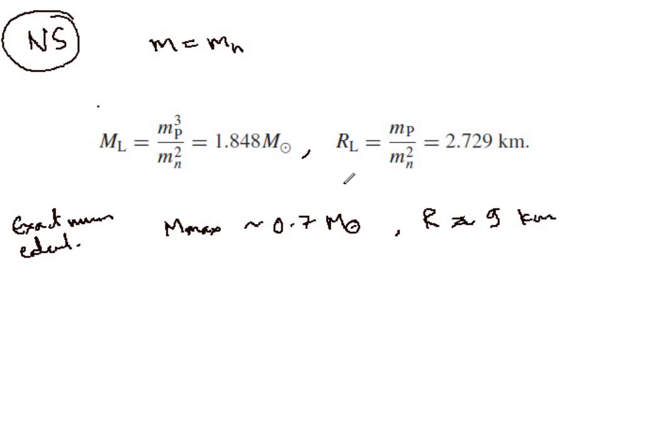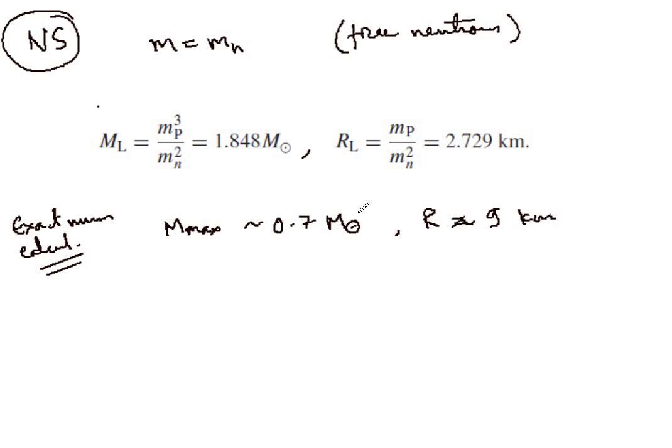Now you see that the values obtained are not too far from the numerically exact ones, again for stars consisting of free neutrons. That means we are considering neutron stars consisting of free neutrons, right?